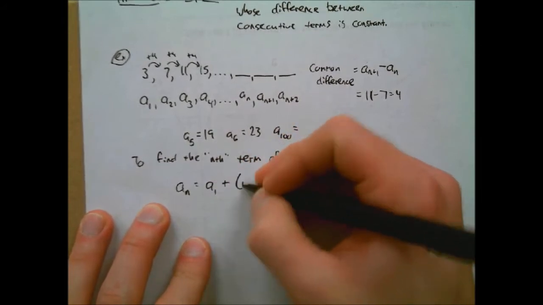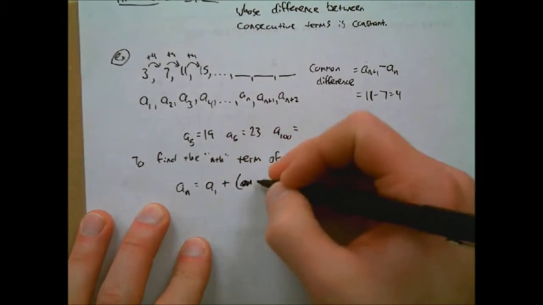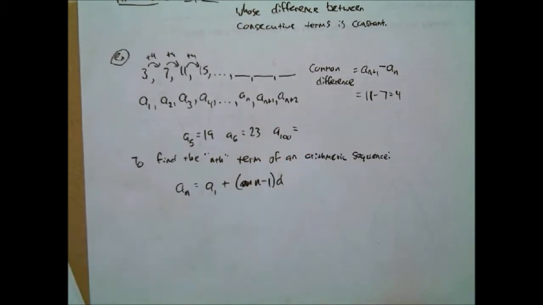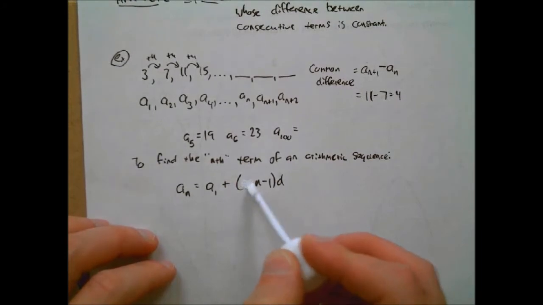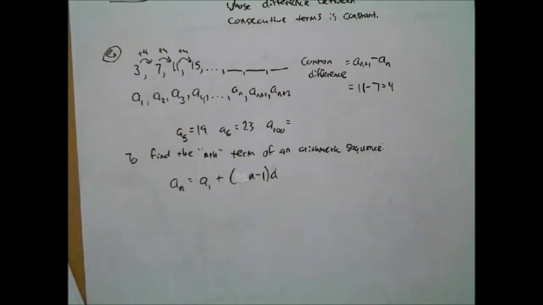It is a sub n equals a sub 1 plus n minus 1 times your common difference. So that's what we want there.